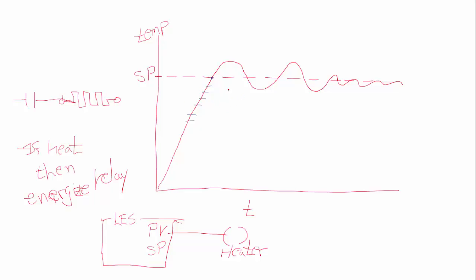So my contact just opened. Now the thermal dynamics in the system are going to allow this process to keep heating. Naturally, it'll gradually slow down and come back to the set point. But as soon as I drop below this set point, this contact will close again because I need heat. But heat doesn't turn on immediately. Well, the heat turns on immediately, but the process doesn't heat up immediately.